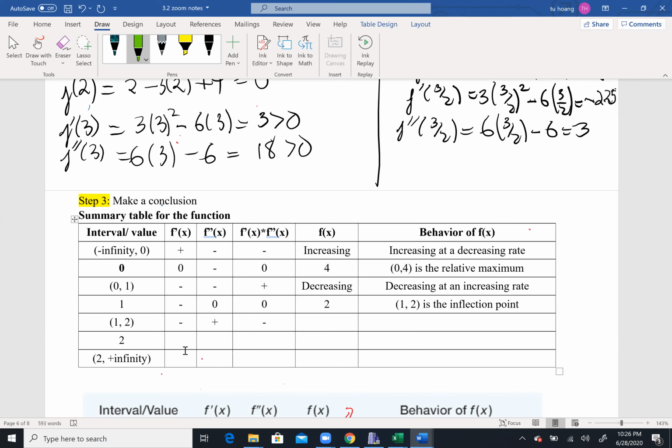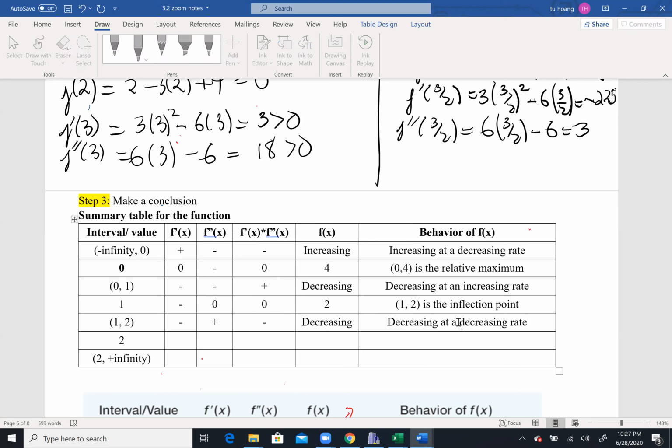So f(x) has to be decreasing, and you have to say the behavior, right, is decreasing. No, decreasing at a decreasing rate. See that? Okay.